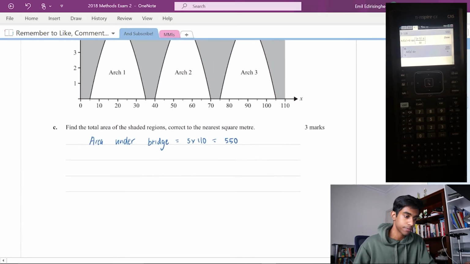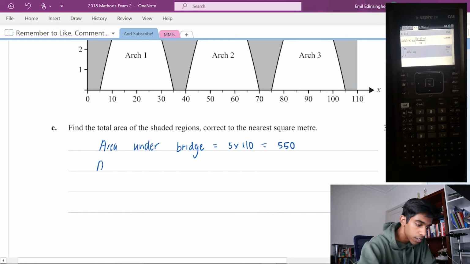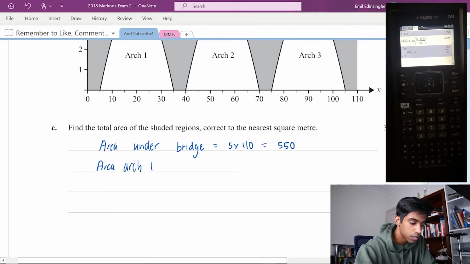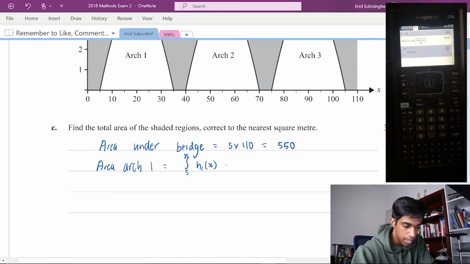So area of arch 1 equals the integral from 5 to 35 of h1 of x dx, equal to 300 on pi.